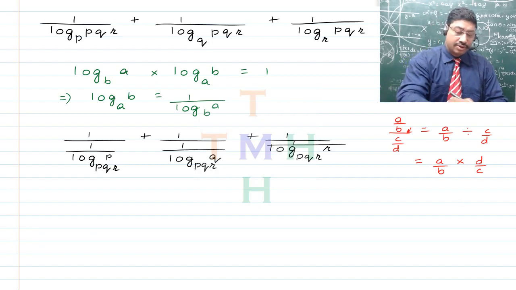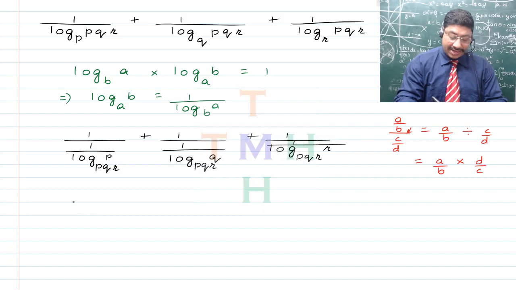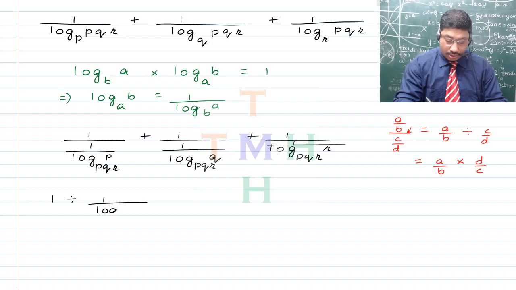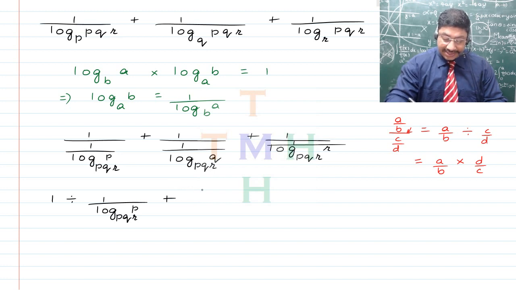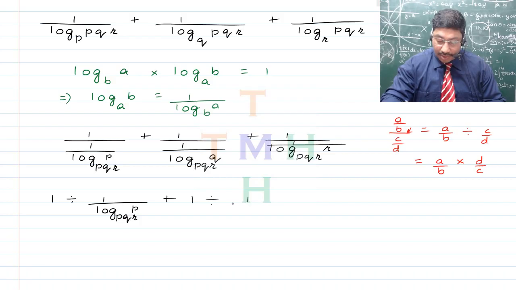So here, children, when we do this, we will get 1 divided by 1 upon log of p to the base pqr, to which is added 1 further divided by 1 upon log of q to the base pqr.